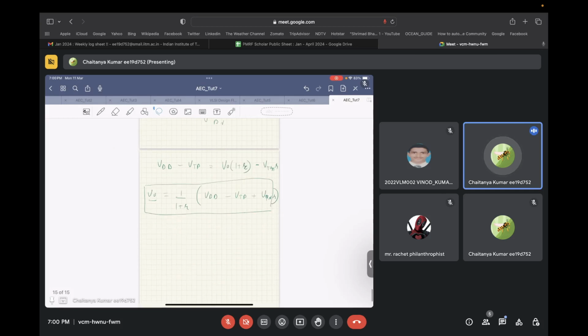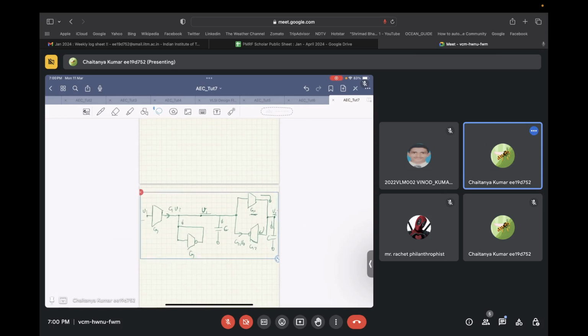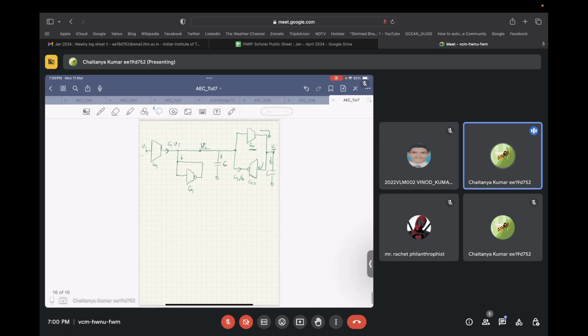Let's copy the circuit. Let's say an inverter over here: if somehow I'm able to make both input and output operating point voltages equal to the biasing voltage, this inverter is going to behave as an amplifier.